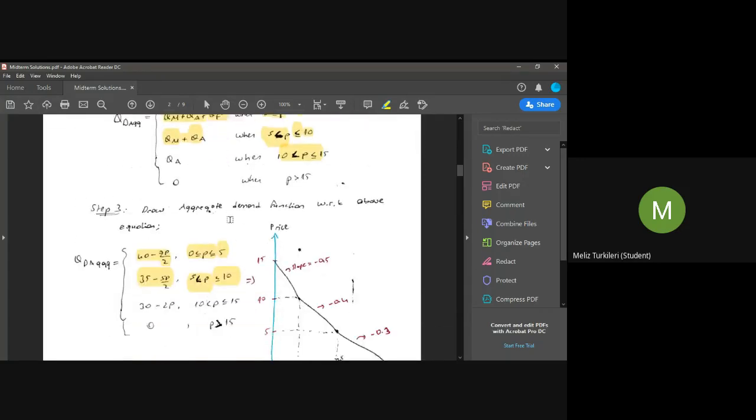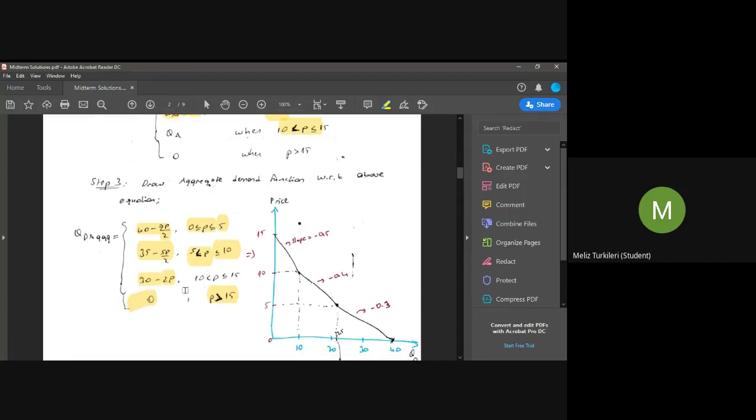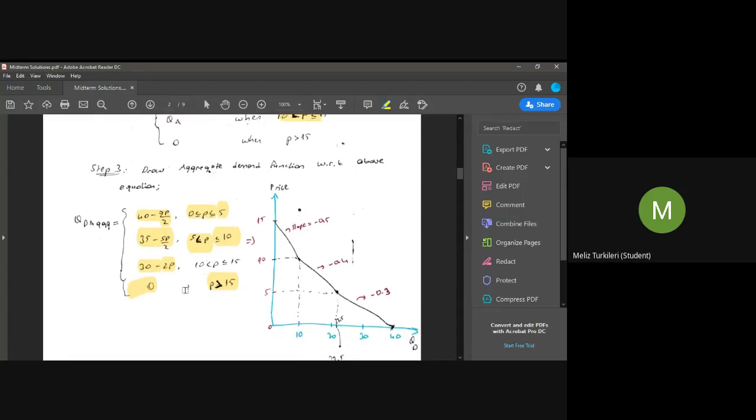And if the price is between the 10 and 15, then our only demand will be equal to the demand function of the second person. And this is equal to 30 minus 2p. And I know that if the price is higher than the 15, we have 0 demand for this market, for the t-shirts market. Let's try to draw this graph.